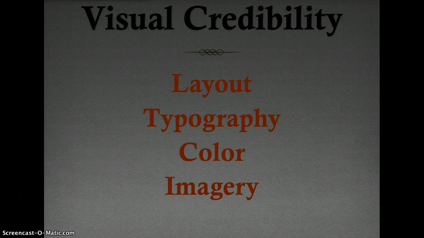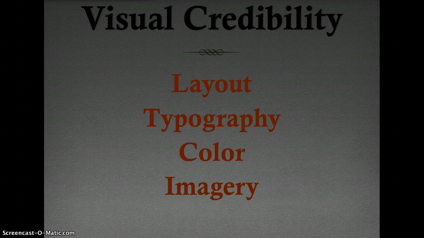Sometimes you go to a website and it looks really nice, but the content is lacking. Or it may not look good, but the content's really great. It works much better if they're both working toward the same message.